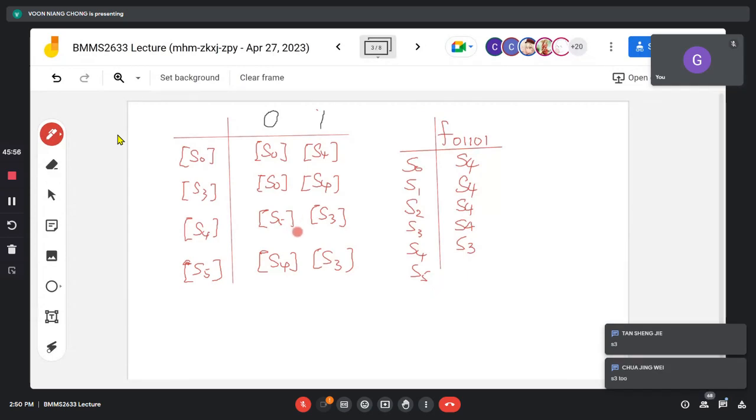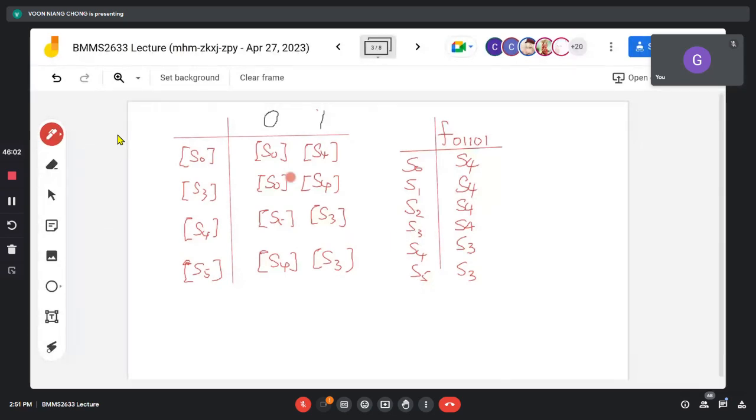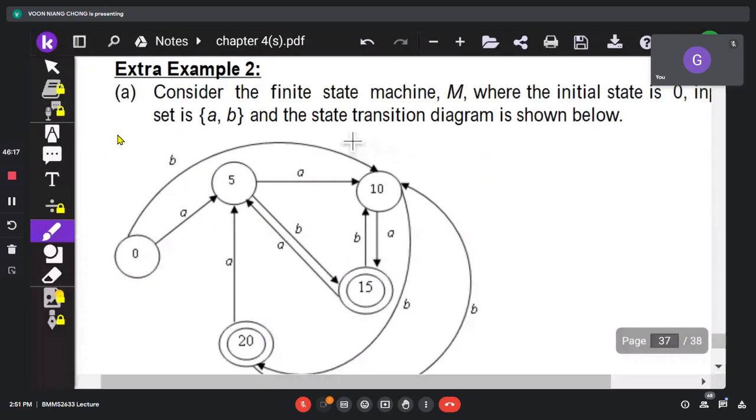Also S3, yeah? Okay. So that is the question for part 2. Then done already. And the last question, extra example 2, is the same also like the example 1.